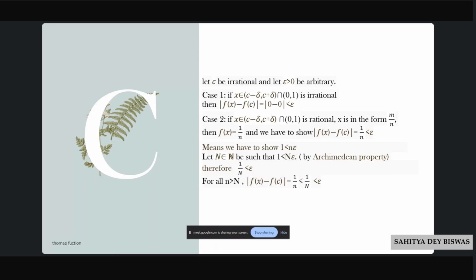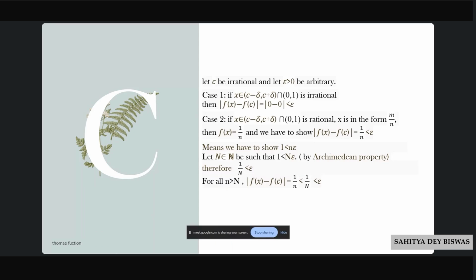So basically we have to show that 1 is less than small n times epsilon. Now by the Archimedean property, there exists a capital N belonging to the natural numbers such that 1 is less than capital N epsilon. From there, 1 by capital N is less than epsilon.